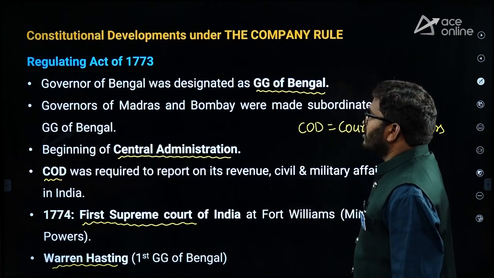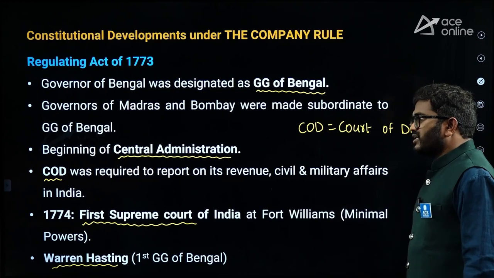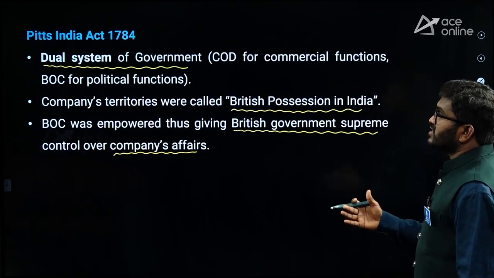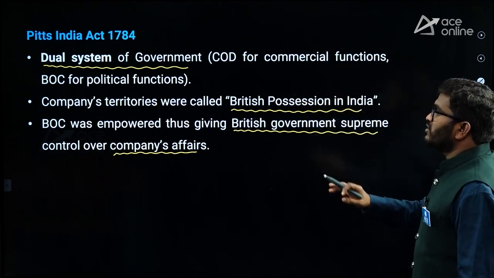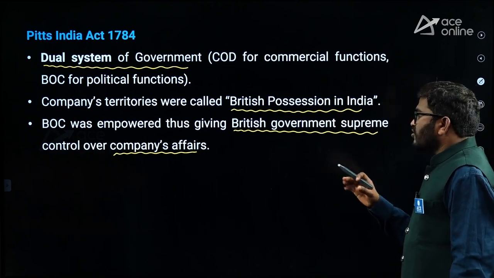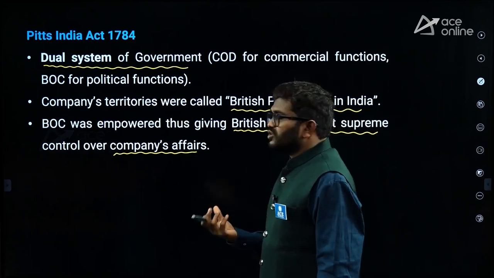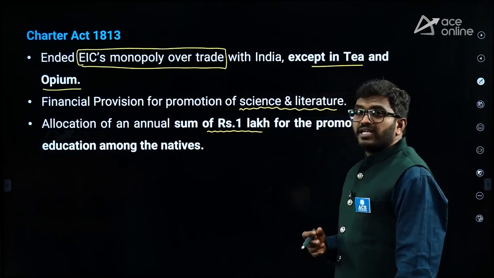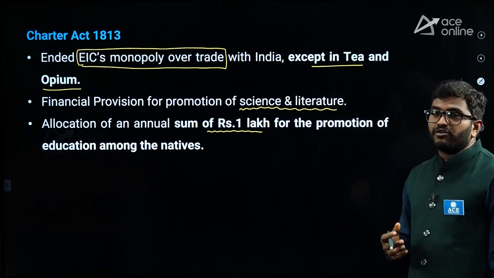See here: Governor General of Bengal first, central administration started, the first Supreme Court, Court of Directors and Board of Control. Court of Directors for commercial functions, Board of Control for political functions, and the British government empowered control over the company's rule. The East India Company monopoly ended, and financial provision for education was given, 1 lakh rupees.